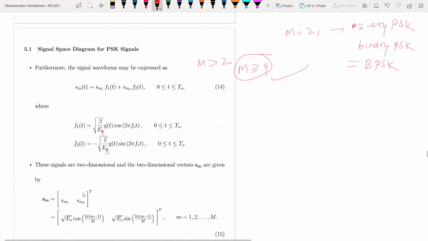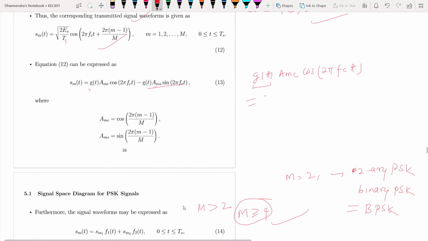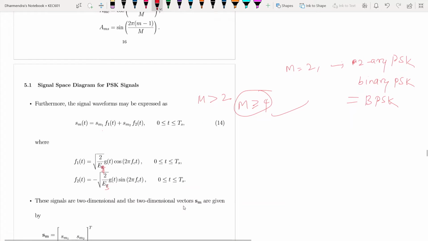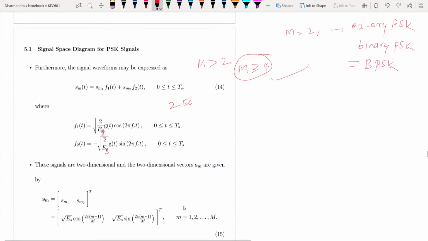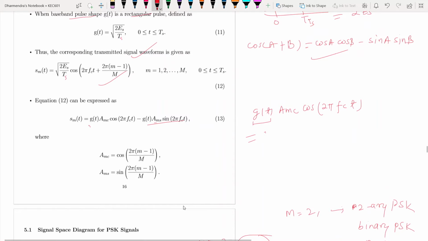if we substitute here Eg is 2 Es, so it will be 1 by root Es g of t cos 2 pi fct, so this is 2 Es by Ts, Amc into cos 2 pi fct.